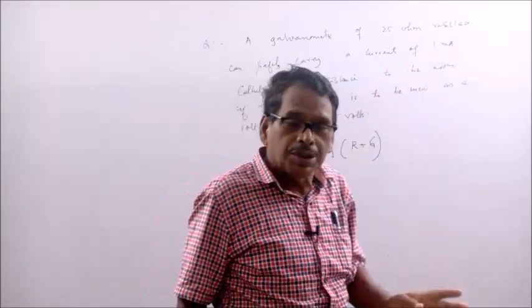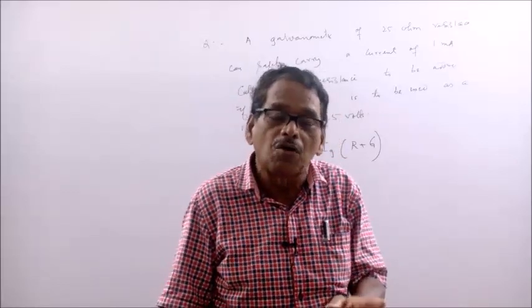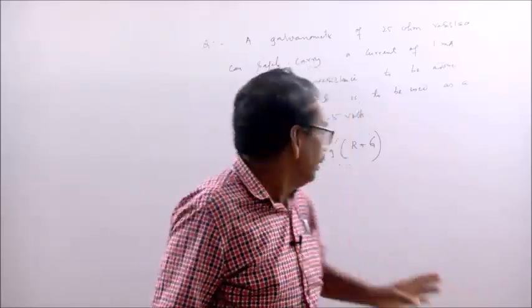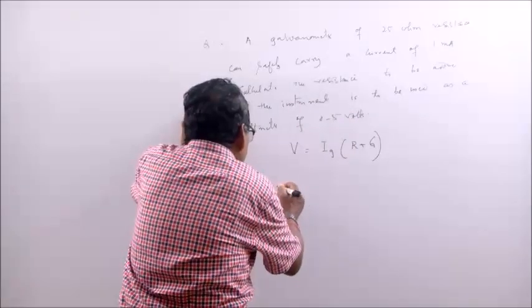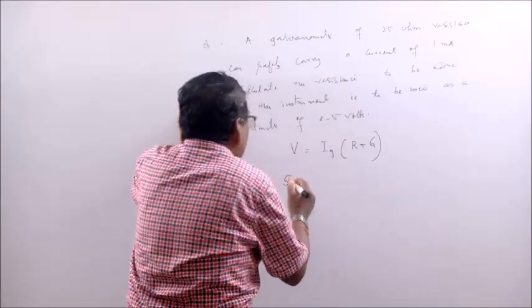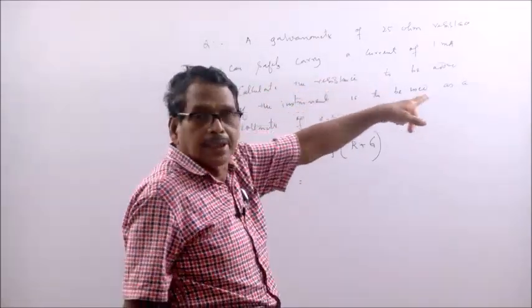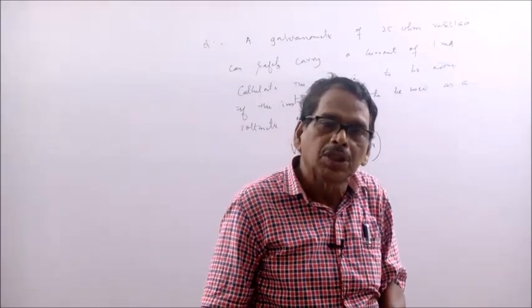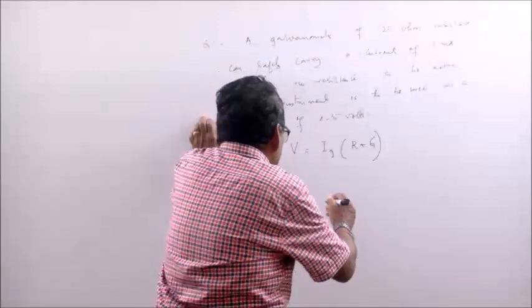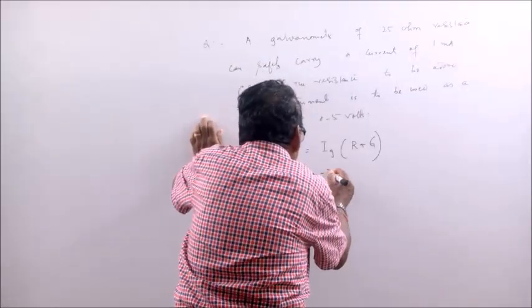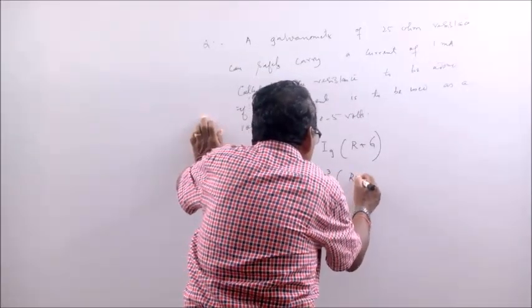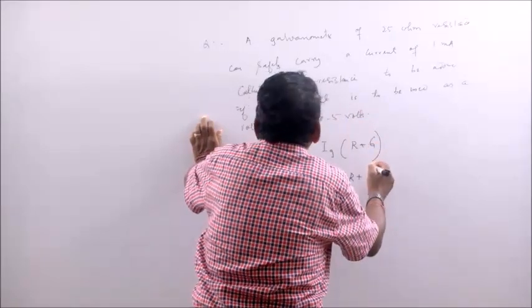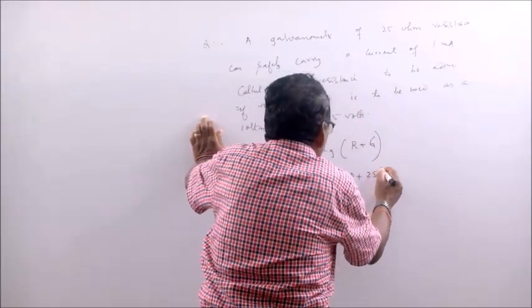So what is required? How much resistance is to be added. So put the values. V is equal to 5. Ig, galvanometer current, is given in milliampere, so you convert it to ampere. That is 1 milliampere is 10 to the minus 3 ampere. R plus G, G is equal to 25 ohms.